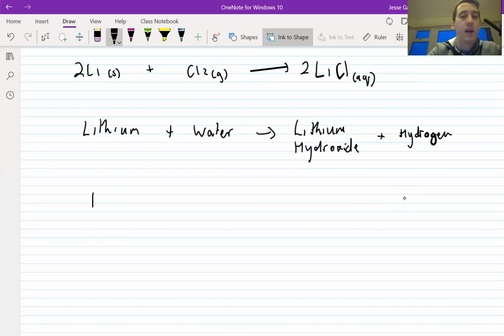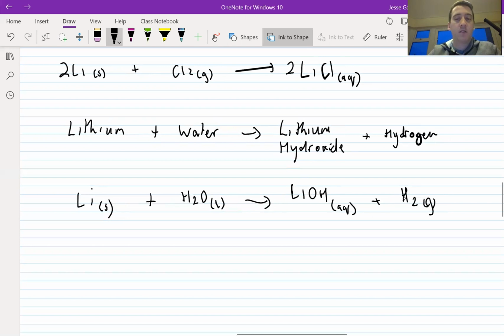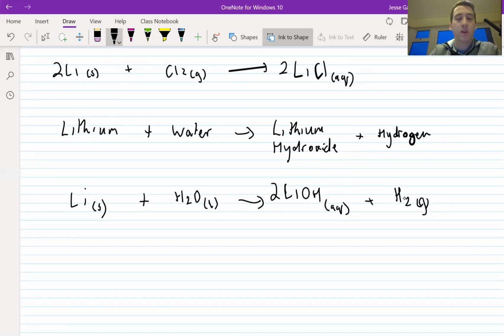Balanced equation: Li, solid, plus water, H2O, which is a liquid at room temperature, gives me lithium hydroxide, LiOH, which is an aqueous solution, plus H2, which is a gas at room temperature. Is it balanced? It is not balanced. So to balance it, I've got to put a 2 here.